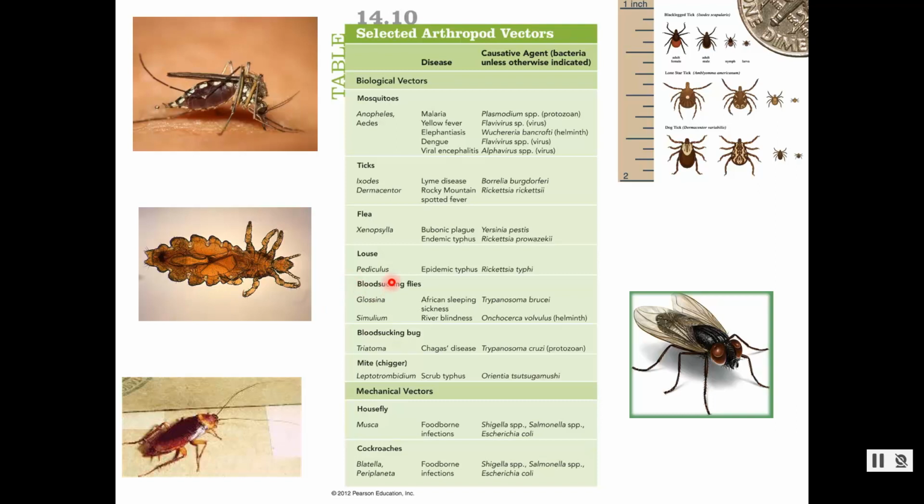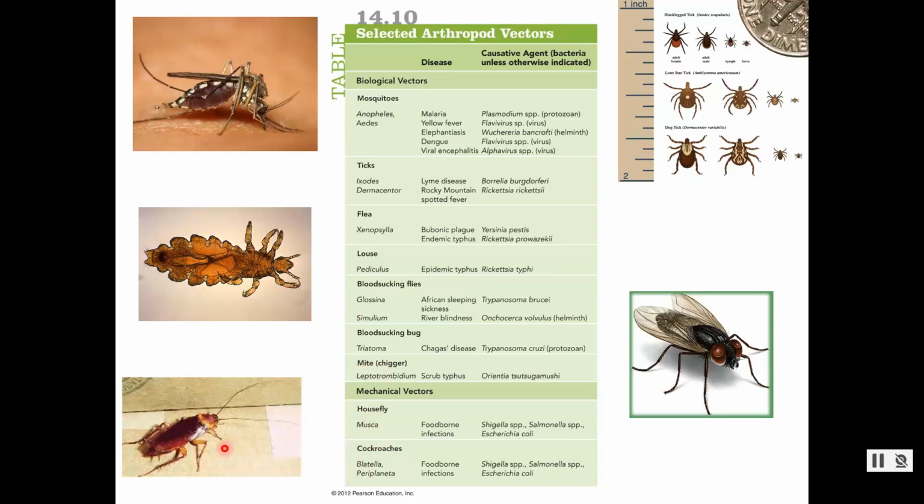Now, lice typically in our area are not carrying this particular bacteria, but lice can transmit typhus. So that can be an issue. Not all lice can carry this bacteria. We still want to get rid of them because they bite and they itch. What else? Anything that bites.